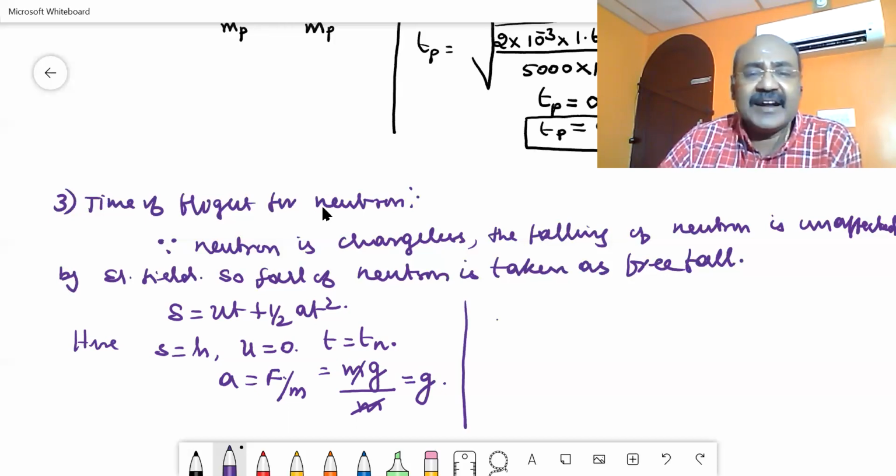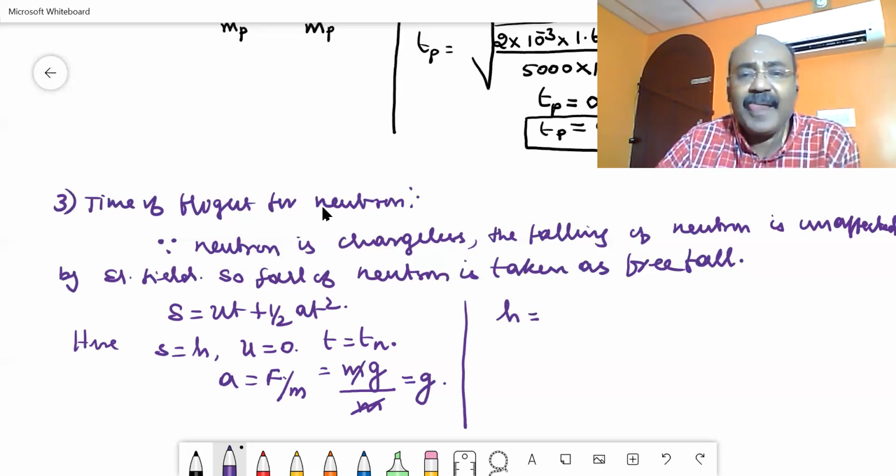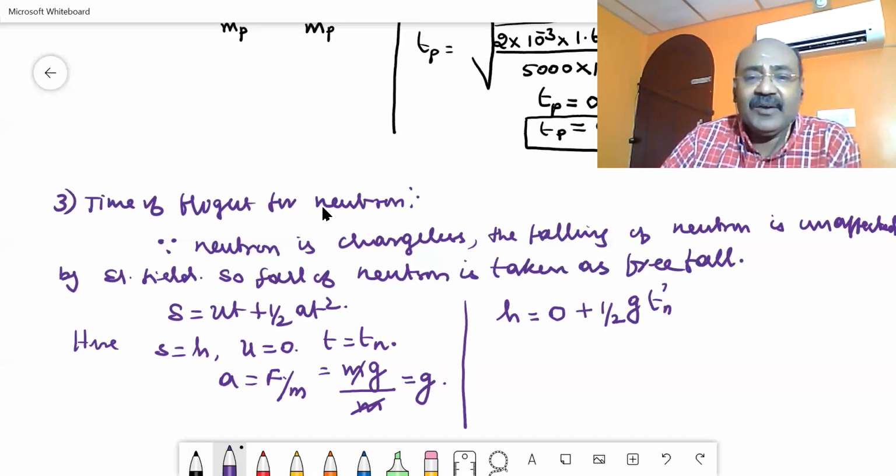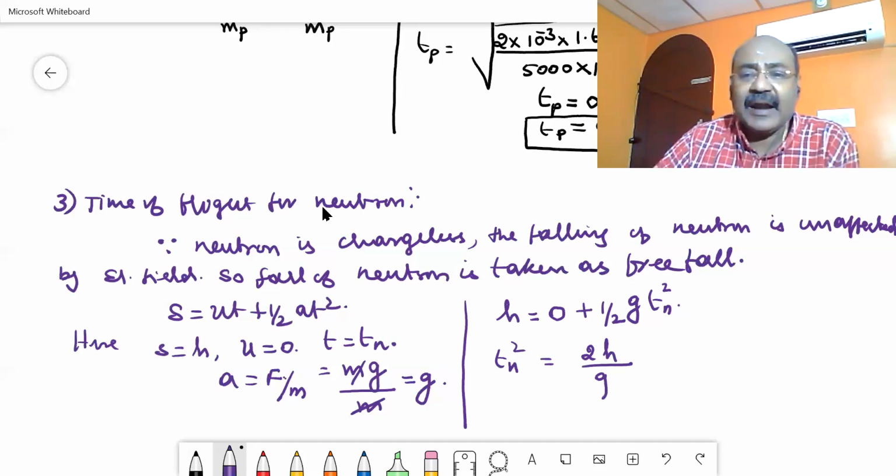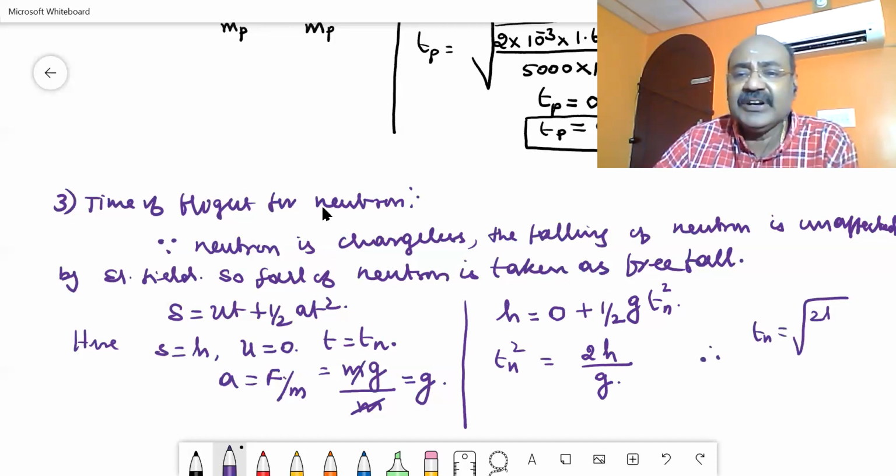Instead of u, I can consider 0, plus half into g into tn square. Simplifying, tn square is equal to 2h divided by g. Therefore, tn is equal to root of 2h divided by g.